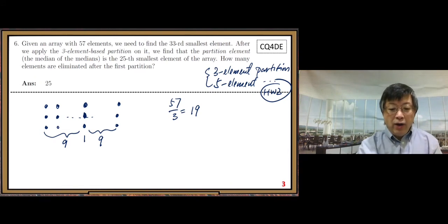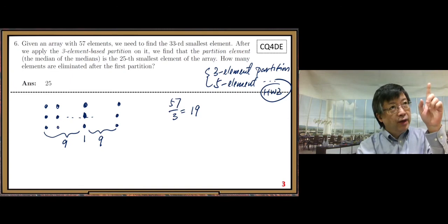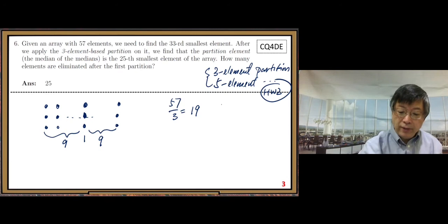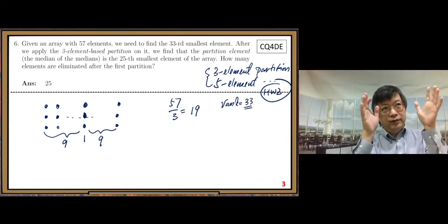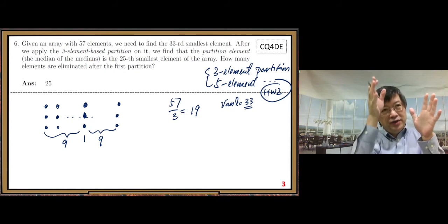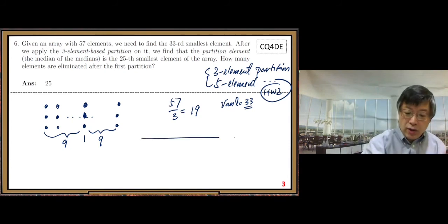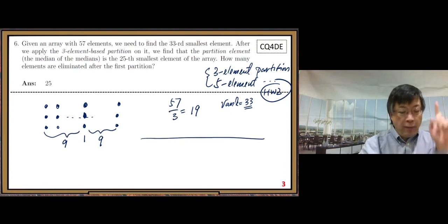All right, I will go find the 33rd smallest element, the rank number 33. Okay, so we know that. When we do partition, we need to use this number to tell us which subarray should be dropped.